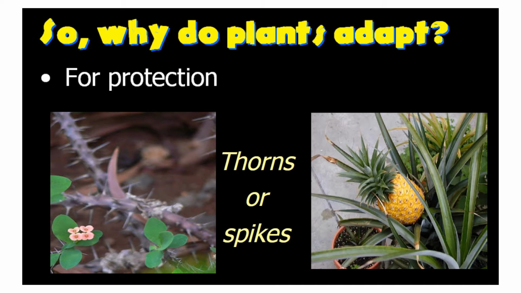And so is the case with pineapple. Pineapple tends to produce very hard leaves. They're very thick and are kind of difficult for animals to feed upon or to digest. So these are just some of the examples of adaptations in plants that are meant to protect themselves.